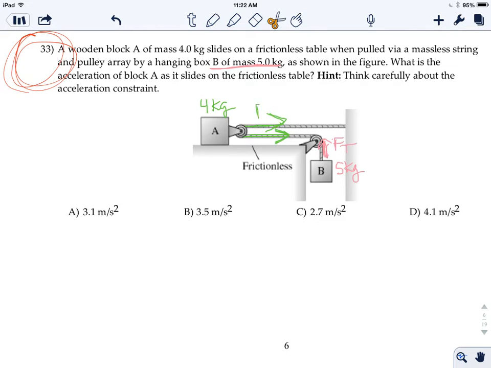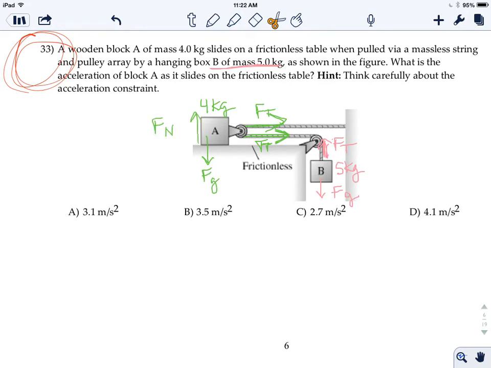We have 2 tension forces here. The pink one also has gravity working on it. The green one has gravity working on it. Gravity always works down. And since it's touching the table, it also has a normal force.